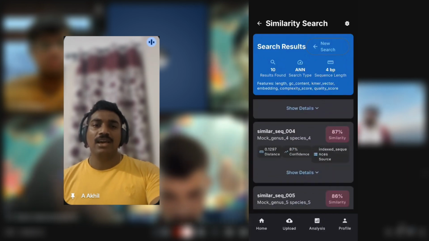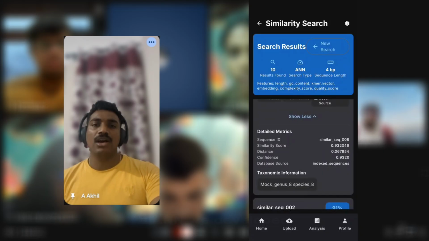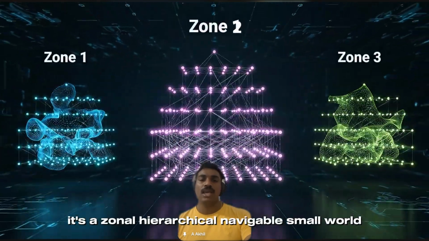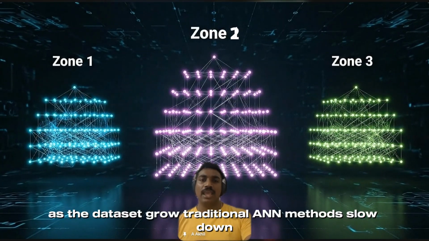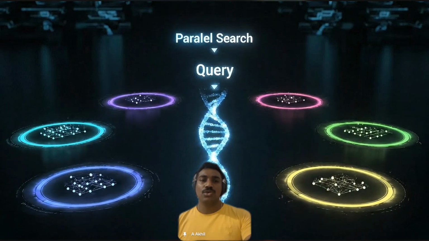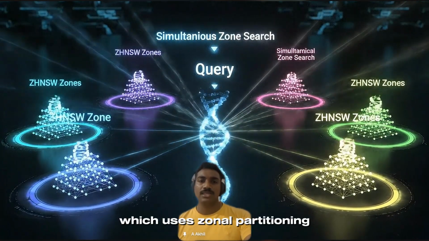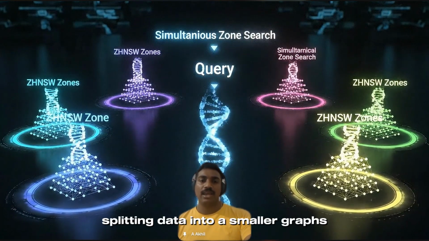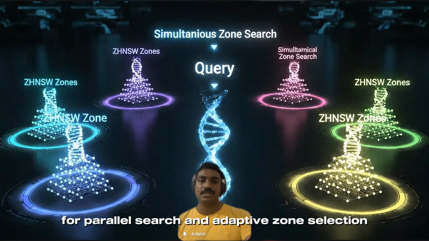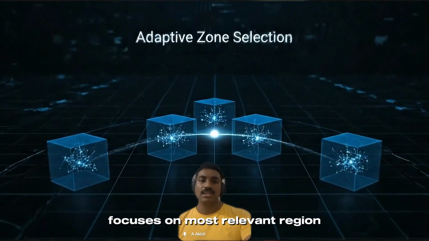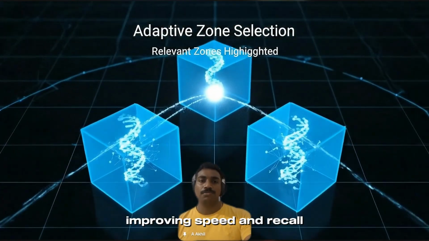So, building an ANN, we developed ZHNSW. It's a zonal hierarchical navigable small world. As the dataset grows, traditional ANN methods slow down. So we use ZHNSW, which uses zonal partitioning, splitting data into smaller graphs for parallel search. And adaptive zone selection focuses on the most relevant region, improving speed and recall.